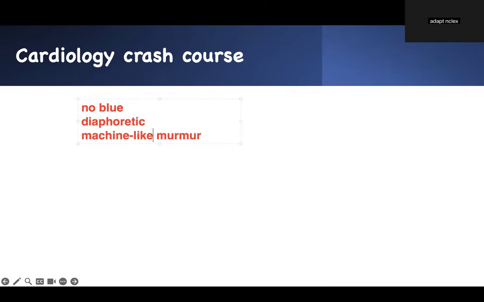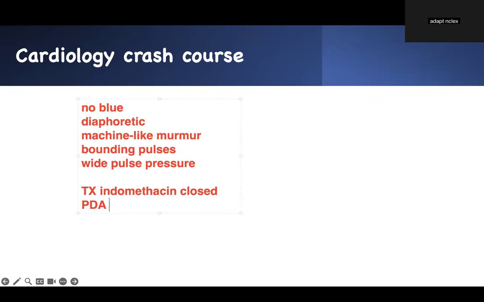I said, oh, what is that? The patient has bounding pulses. Hey, this is different. And he has wide pulse pressure due to that. What do you think? And the doctor ordered indomethacin so that we can close that. What is wrong with this patient?